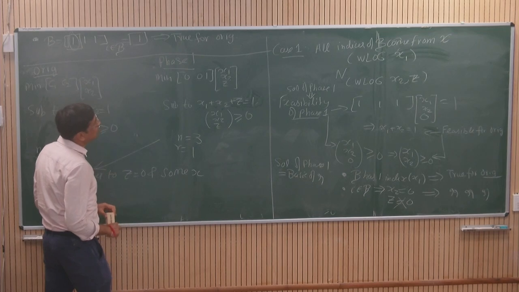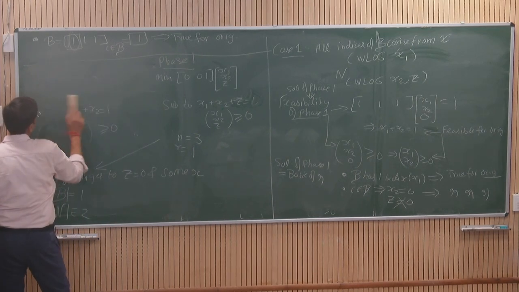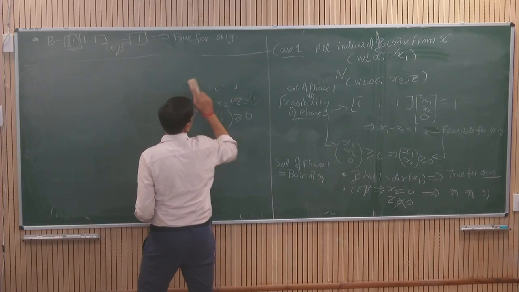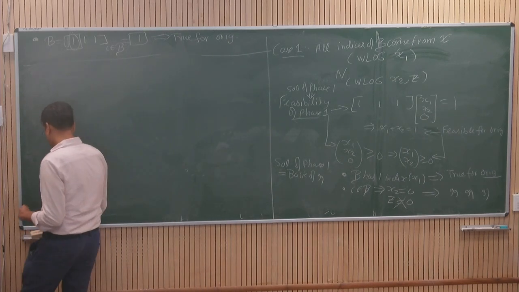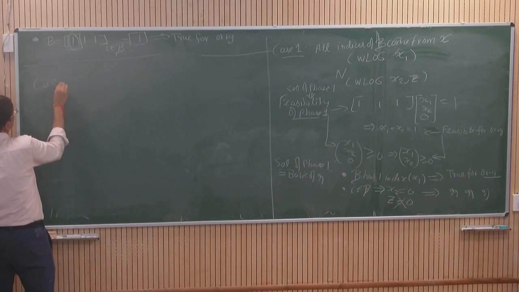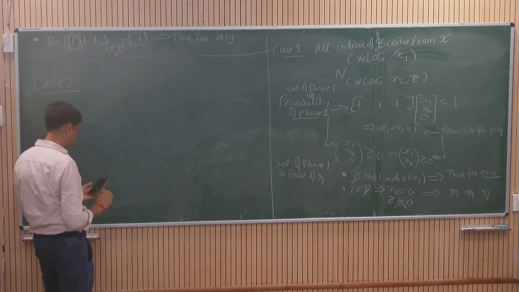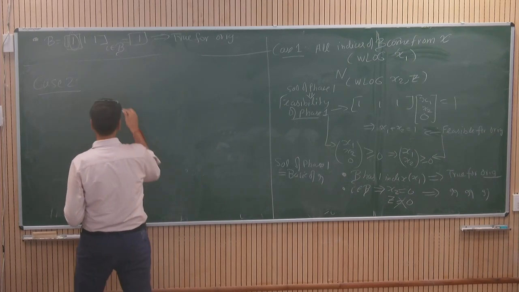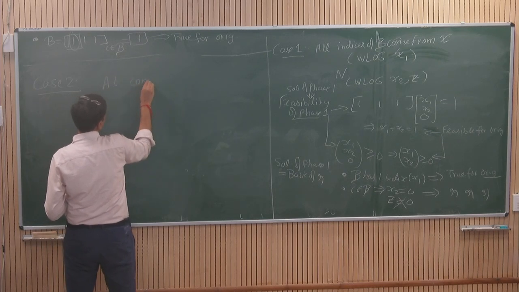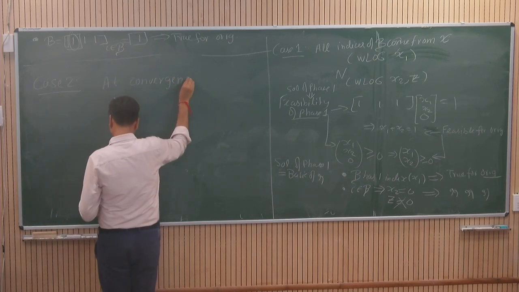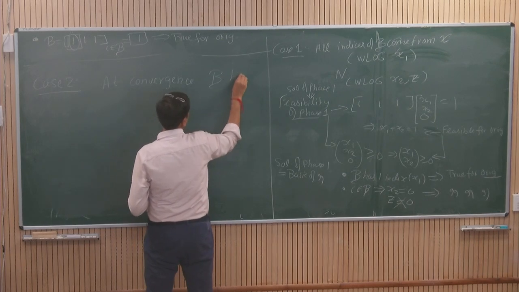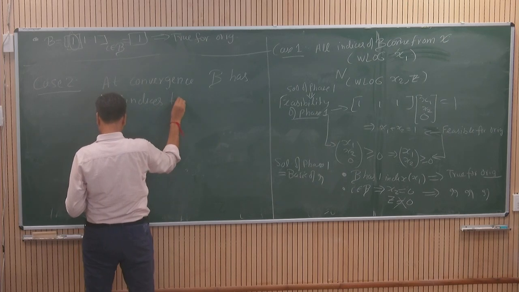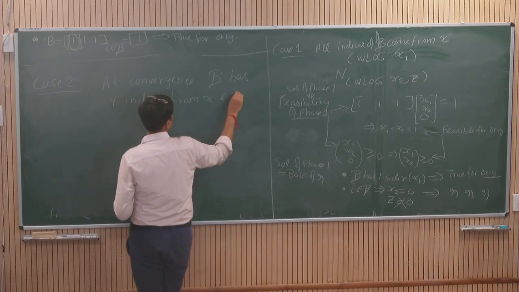So we'll now write case 2. So at convergence, P has R indices from X and Z both.